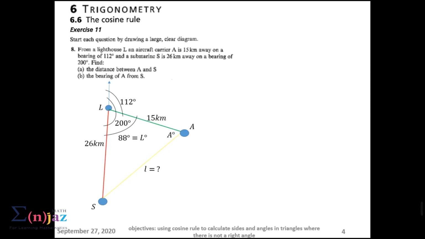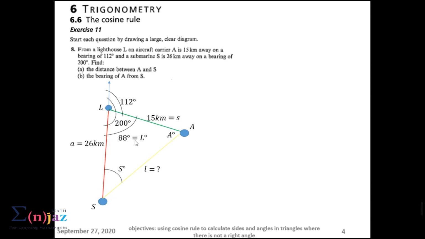If we name this A capital as an angle, the opposite side to it is the red side, which is 26 kilometers, and this is A small. And if we name this S capital, the opposite side to angle S is the 15 kilometers, which is S small.